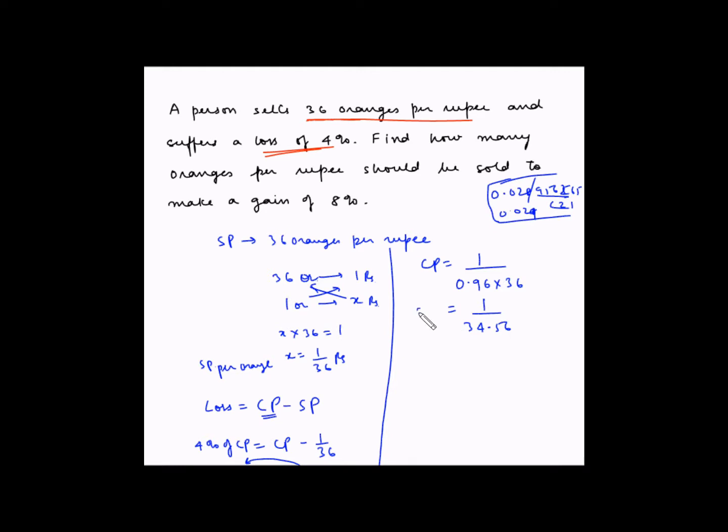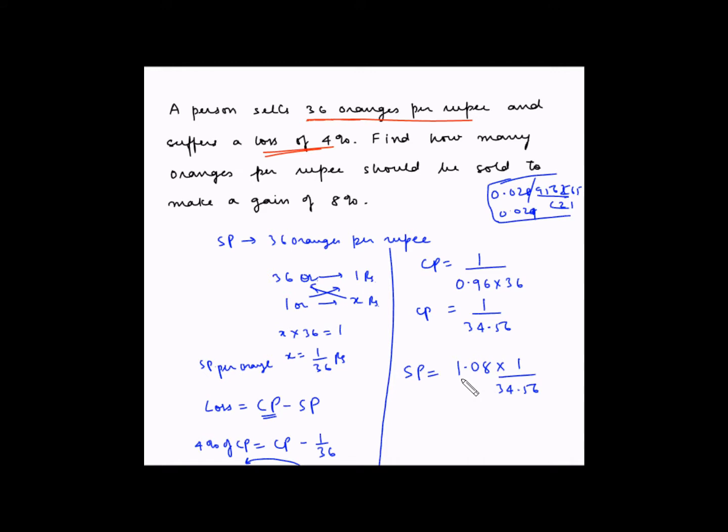So our cost price is equal to 1 divided by 34.56. Now we want to make a profit of 8% on top of this. So our selling price will be equal to, so let's consider this as 100%, and we want to add 8% to it. So this becomes 1.08 multiplied by 1 divided by 34.56.